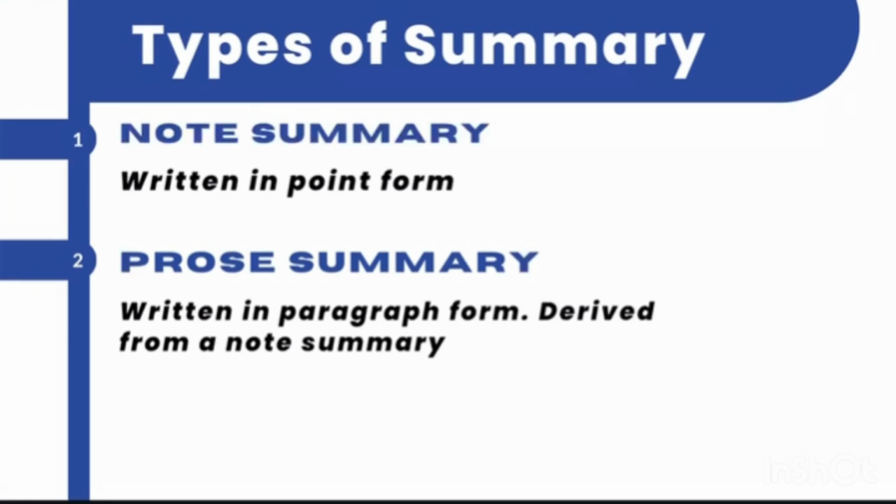After you make notes of the important points, you connect them properly and come up with a paragraph. That paragraph is known as the prose summary, without bullets. In grade 12, this is the one that comes in the exam, the prose summary, the one that is written in paragraph form.